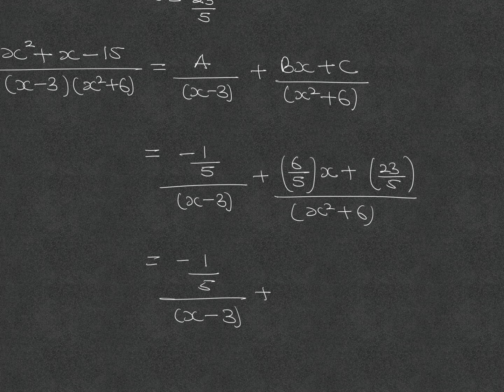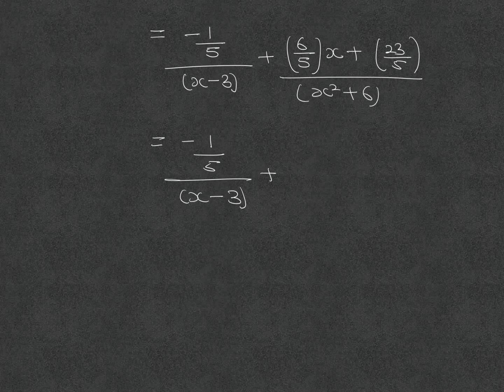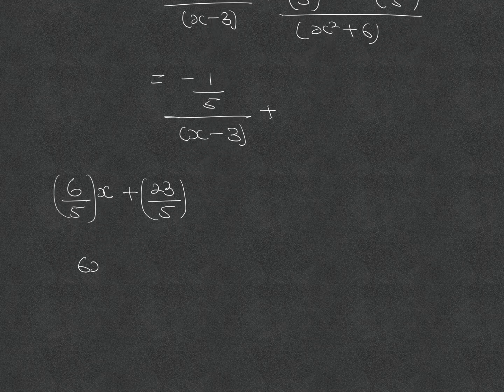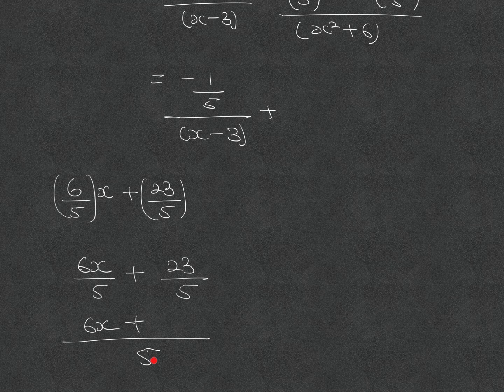So let's try to do that somewhere separate. If we have 6 over 5 x plus 23 over 5, that is the same as 6x over 5 plus 23 over 5. So we find the LCM. The LCM will be 5. 5 into 5 is 1 times 6x is 6x plus 5 into 5 is 1 times 23 is 23.